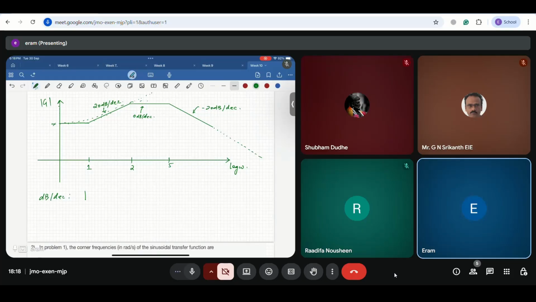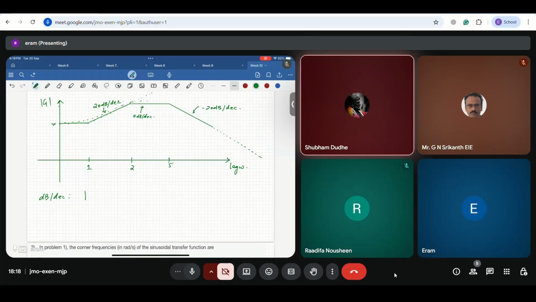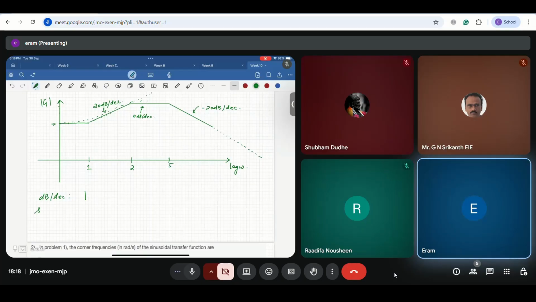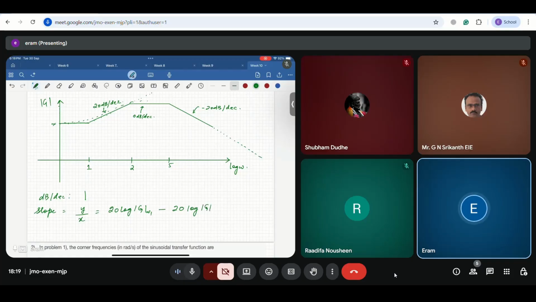So in y, what you have is 20 log of magnitude of g at frequency omega 1, let's suppose, and another 20 log magnitude of g at frequency omega 2. And what you have on the x-axis is log of omega 2 minus log of omega 1.